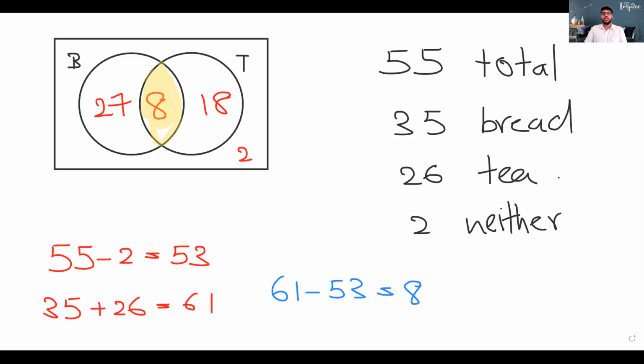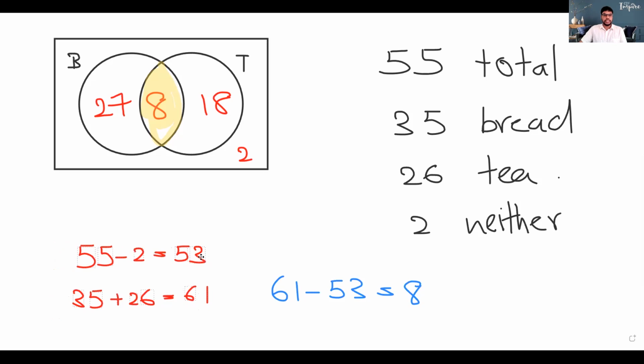So what you do is add the number of people in the question who ate bread and the number who had tea, and you get 61. So this is more than 53. The reason it's more than 53 is because the 8 people in the shaded region have been counted twice. So children, I'll show you this a bit more clearly.